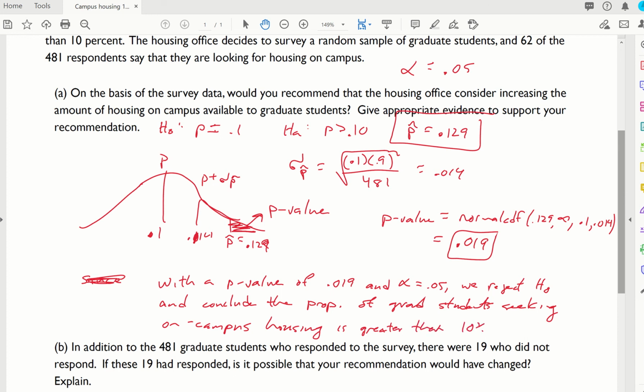A good thing to do here is to say, of all grad students at this school, seeking on-campus housing is greater than 10%. That's just a little more specific. You're providing more context, and that's never a bad thing.